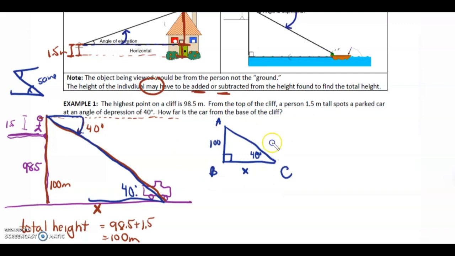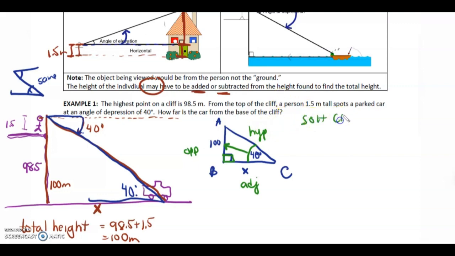Okay, and then we can focus our attention here. So we are going to label our sides relative to the 40-degree angle. Okay, so 100 is going to be opposite, across from the 90 degrees to 100 is going to be adjacent, and the longest side is going to be the hypotenuse.